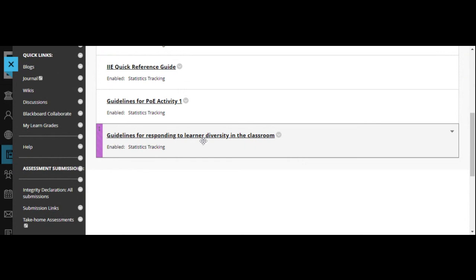Can you please download this and start reading through this? This is very, very important for our next learning units as well. We are going to do learner diversity. So this is a document that is developed by the Department of Basic Education that we use in our classrooms. And there you will see there's a lecture at the end where they show you actual lesson plans and how they tier their groups.